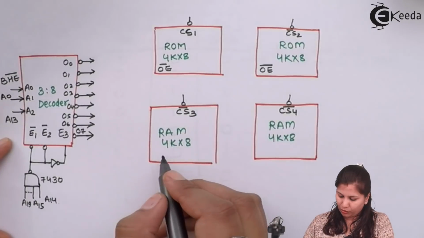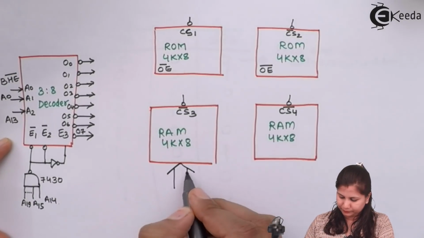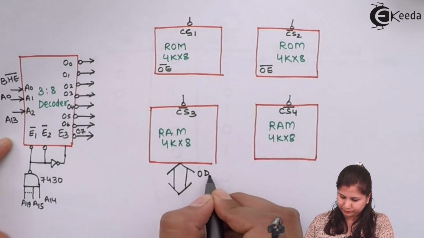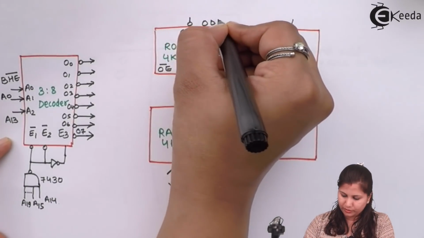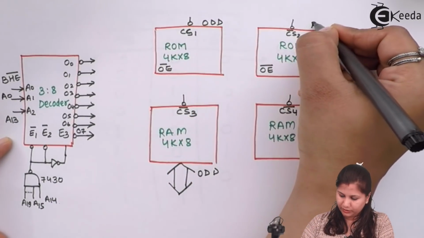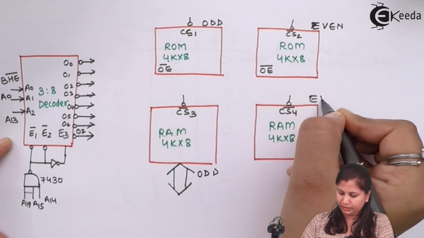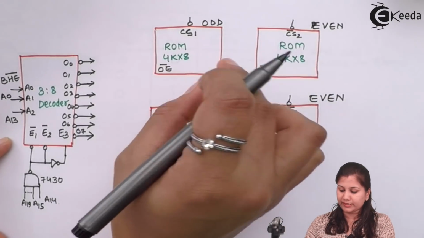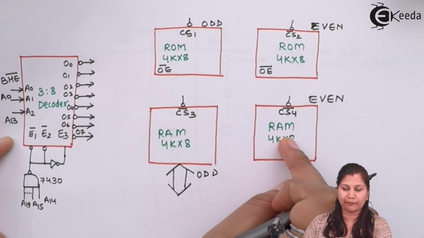Here if we see, this is for odd, this is also for odd, this is for even, and this is also for even. So we have odd addresses from the ROM and RAM and even addresses from the ROM and RAM also.